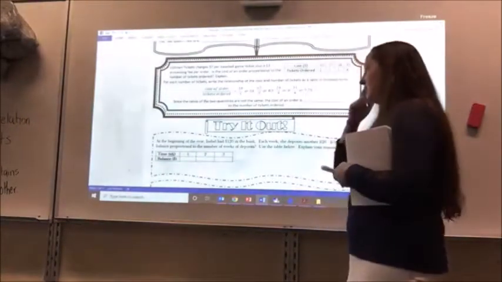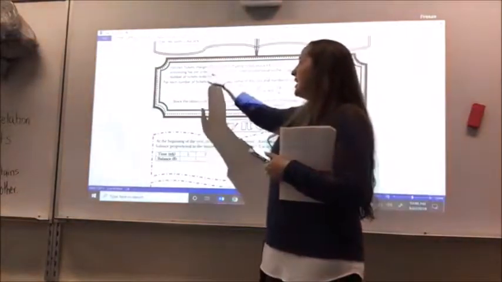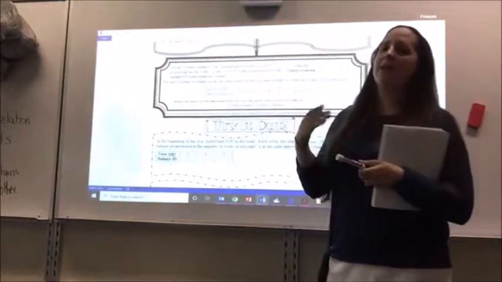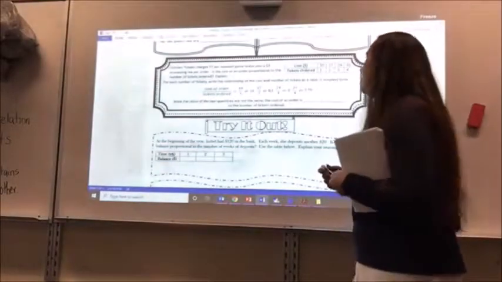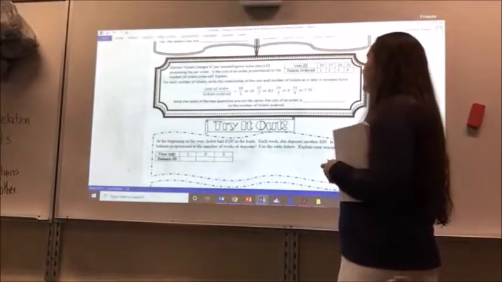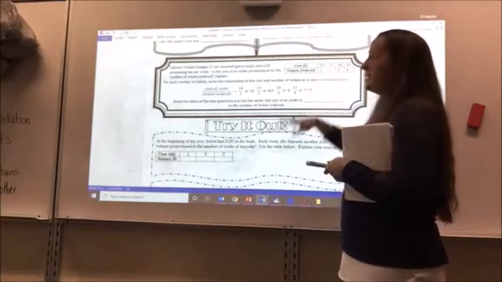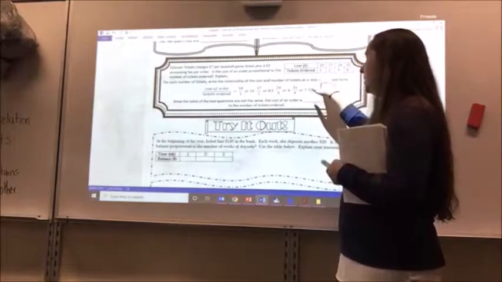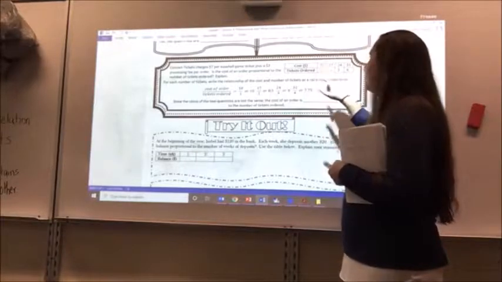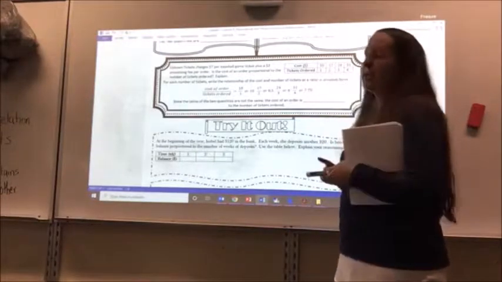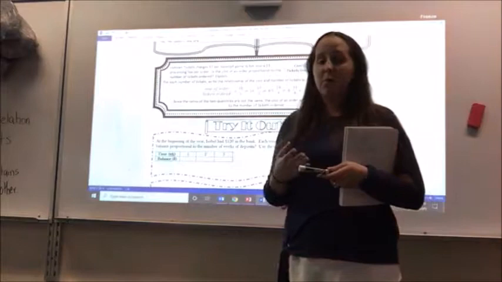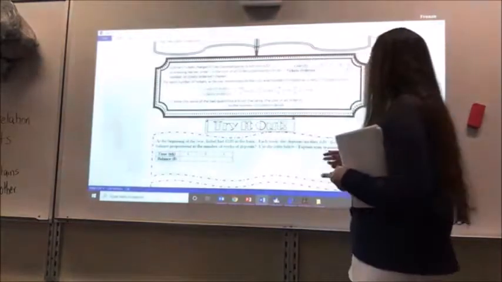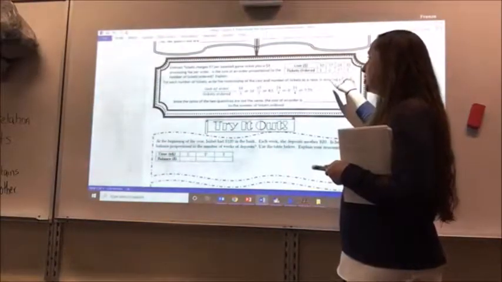It charges $7 for every ticket plus $3 for the processing fee. So the first one is 7 plus 3, that's one ticket, which gives us 10. If I ordered 2 tickets, 7 plus 7 is 14 plus 3 is 17. If I ordered 3 tickets, that's $24.